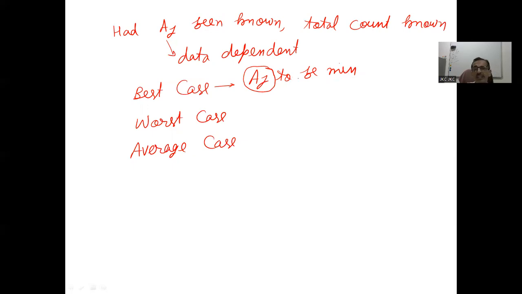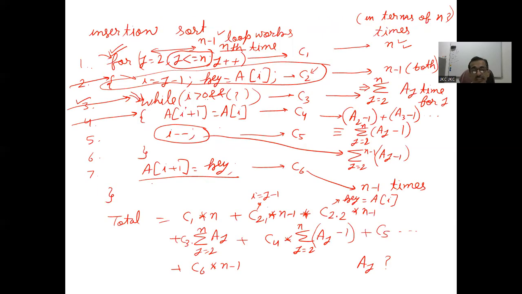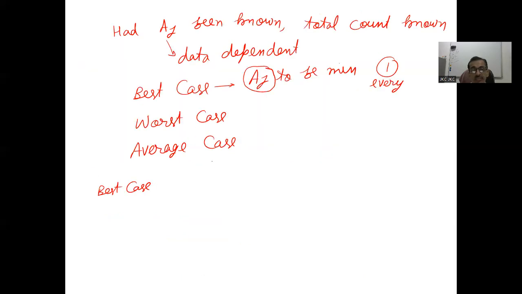I don't go inside the while loop at all. That will mean aj should be 1 every time. I just go to the while loop, check the condition, find it is false and come out. So best case will mean that your time complexity, which we just calculated, was C1n plus C2 into 2 on average, let's say, into n minus 1.